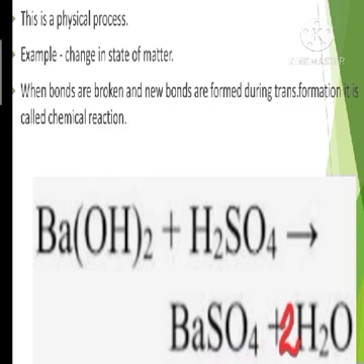So the bonds present in barium hydroxide and sulfuric acid are broken and a new bond is formed, by combining barium and sulfate. So this is an inorganic chemical reaction. Like this, hydrolysis of starch into glucose is an example of an organic chemical reaction.